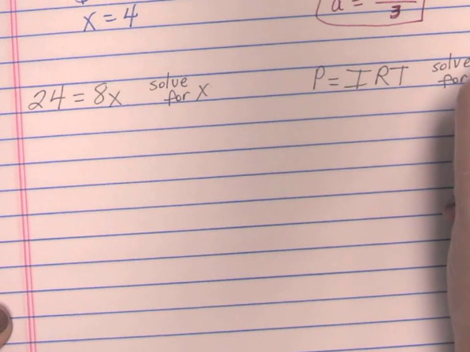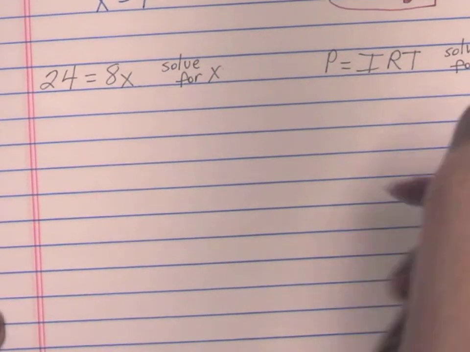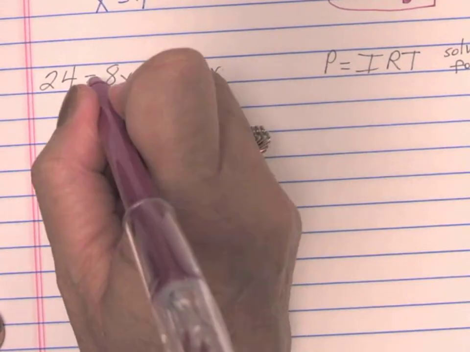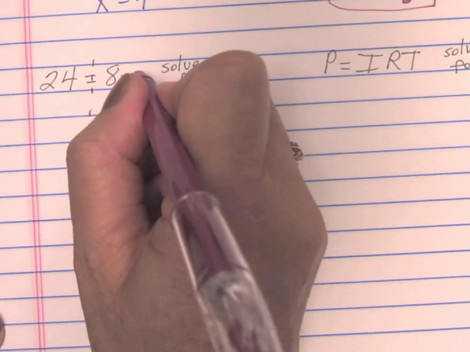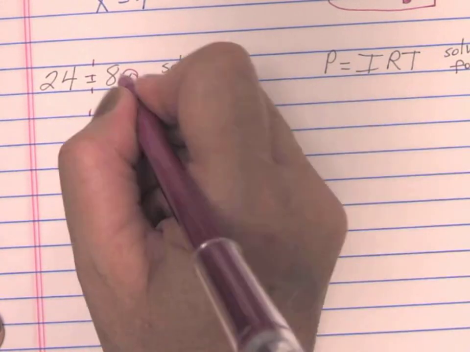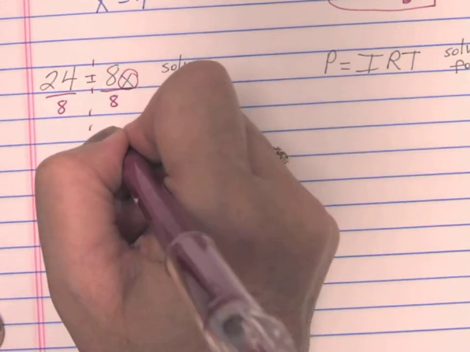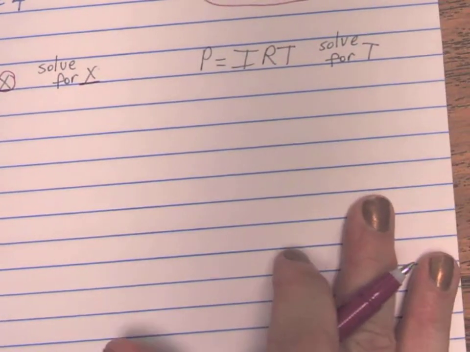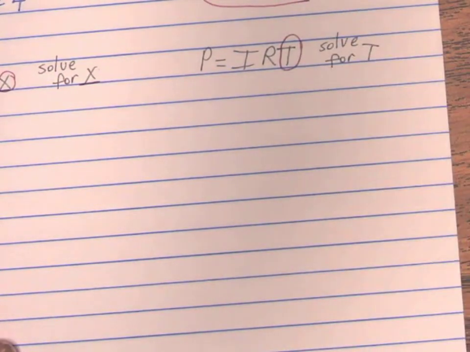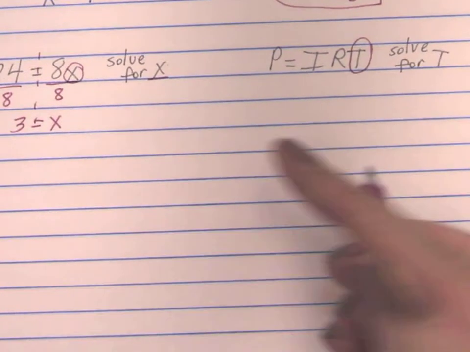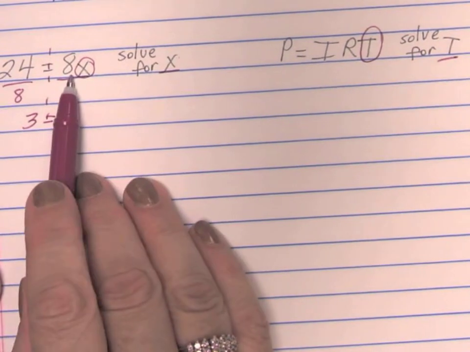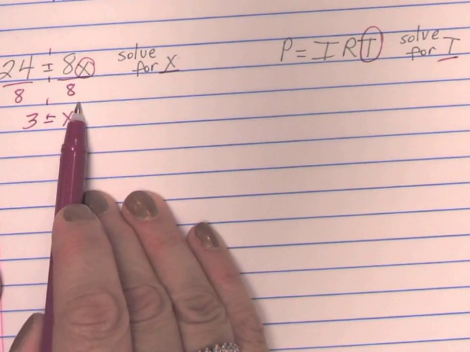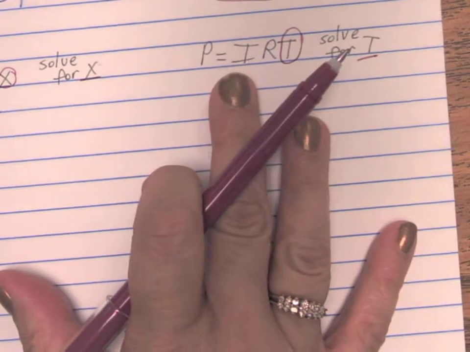So let's look at another one side by side to what we've been doing. If I wanted to solve this, I'd want to isolate x, and so I divide by 8, and I get that x is 3. Now over here, my goal is to solve for t. I want to isolate t. So what I did here was I divided by anything multiplied to it that I wanted to get rid of.